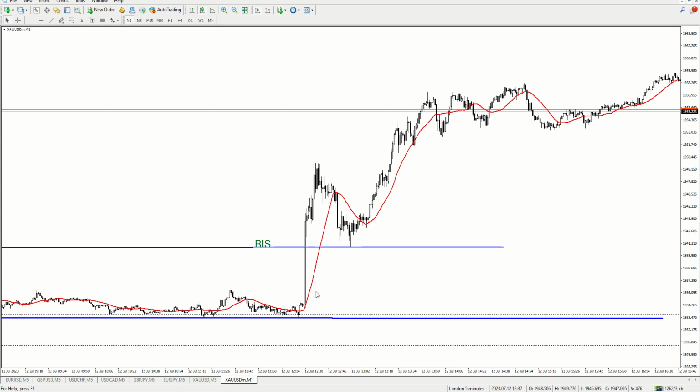So what I want to do is wait for the news to trade first. Now, since the news was against the dollar, as we saw, it was negative, lower than the previous and lower than the forecast, that means gold is going to increase and the dollar is going to fall.